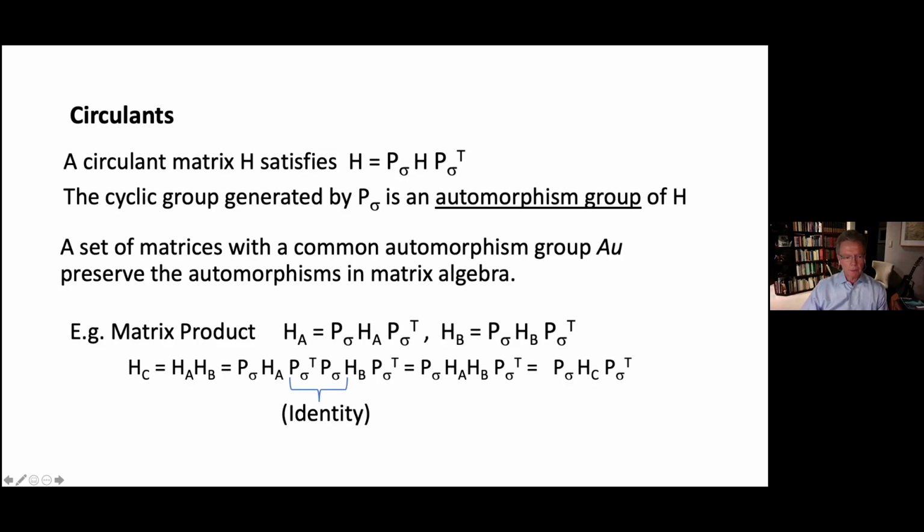You look at the product, you can substitute in the identity matrix, and there you see that C, the product, has the same automorphism. So the automorphism is preserved when you do the multiplication. Circulants beget circulants, which is why a lot of coding theory is based on cyclic codes. It simplifies the world.